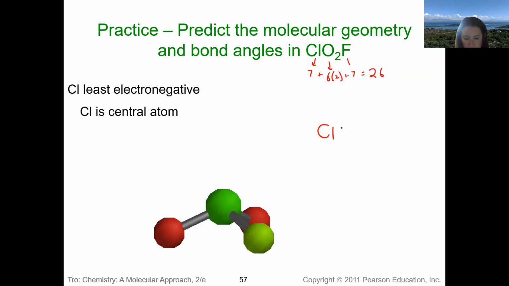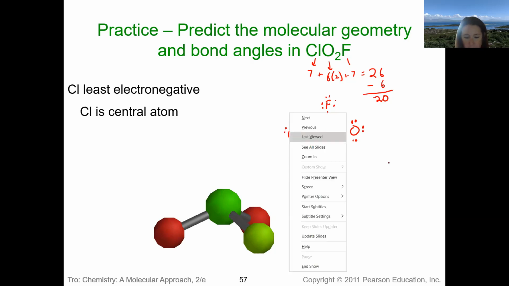So if chlorine goes in the middle, O, O, F, you just put 3 around it. Just because we draw it like this doesn't mean it actually is. We've used 6, so this gives us 20. Counting by 2s: 2, 4, 6, 8, 10, 12, 14, 16, 18.